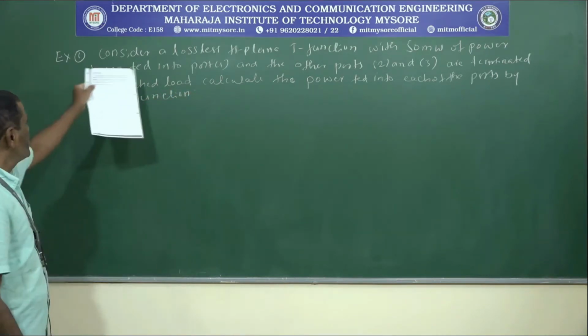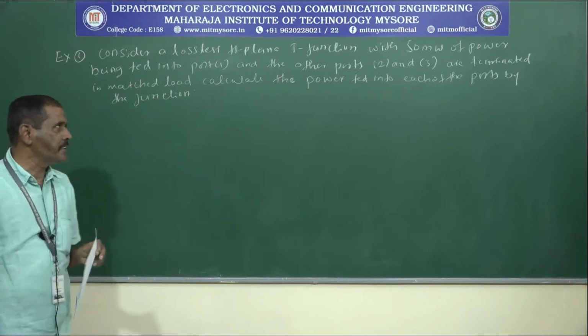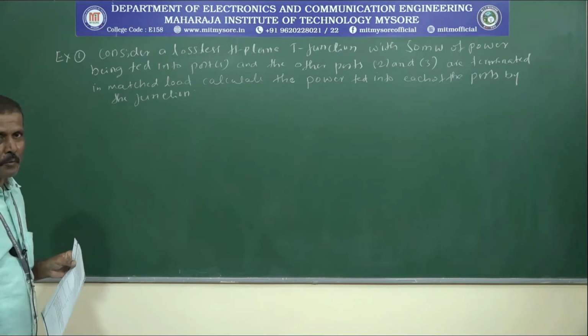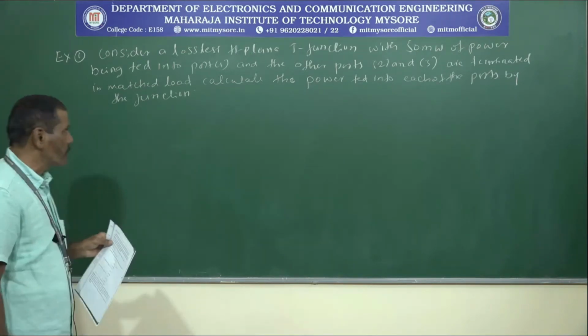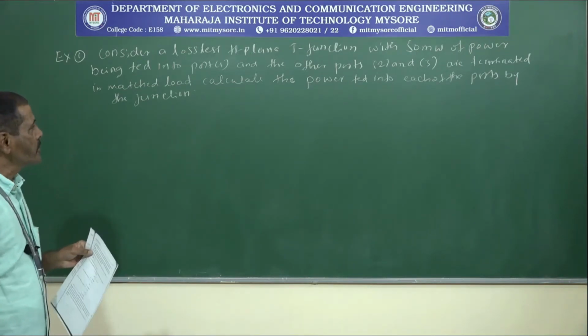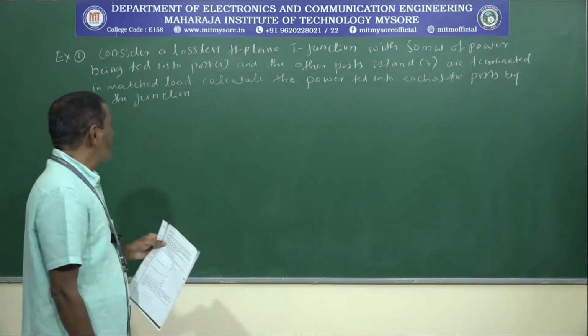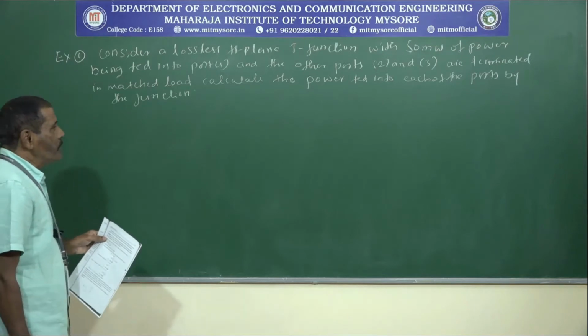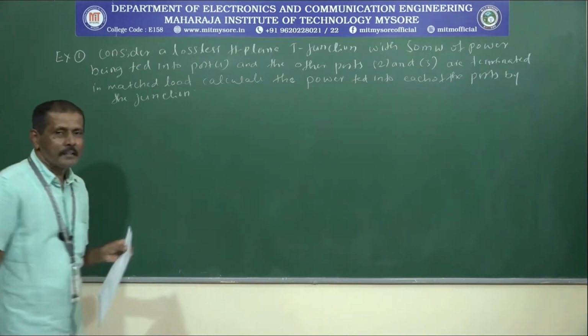The given problem is, consider a lossless H-plane T junction with 50 milliwatts of power being fed into port number 4. You are feeding power to port number 4, and the other ports 2 and 3 are terminated in a matched load. Calculate the power fed into each of the ports by the junction.